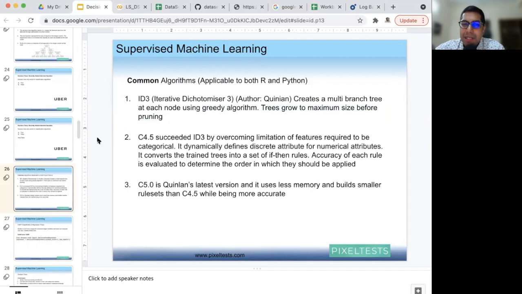Because you want the algorithm to start generalizing better rather than being specific, right? So if the tree is depth 3, depth 4, it's great. But if the tree is depth 10, depth 11, it starts to memorize each point, right?